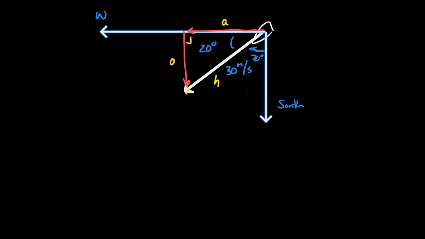My triangle has a hypotenuse whose length is 30 meters per second. The hypotenuse is the longest side of the triangle. The right angle is always going to be against one of your cardinal directions. With that said, the 20 degrees was given here, making this the opposite side and this the adjacent side.